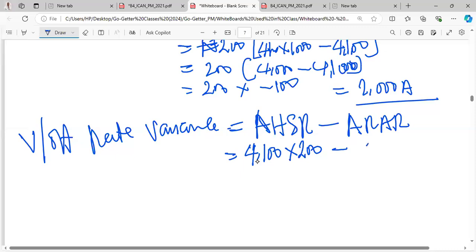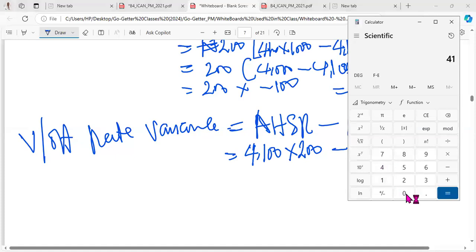Then actual hours, actual rate is 945. So if you multiply this, 41 times 200, that gives me 820.